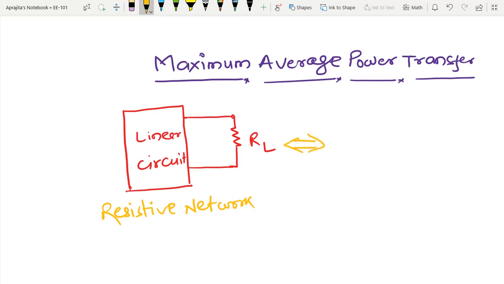The linear circuit can be replaced with some kind of Thevenin's equivalent.